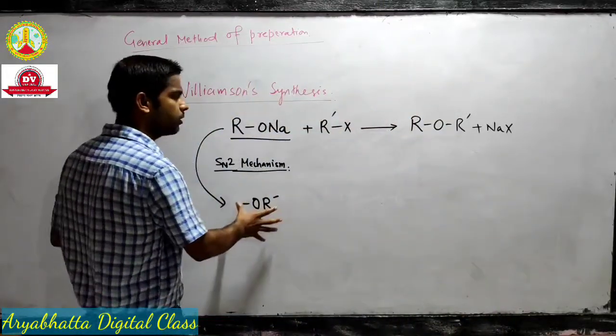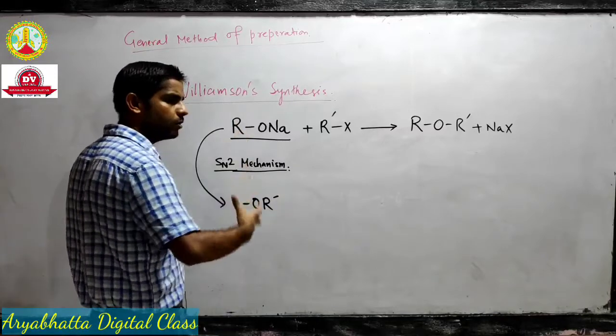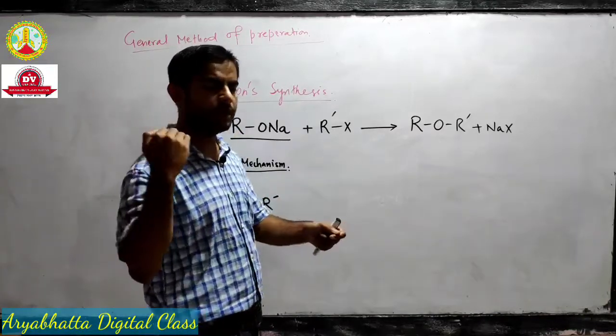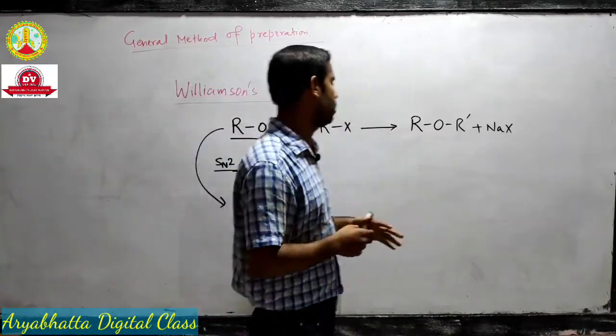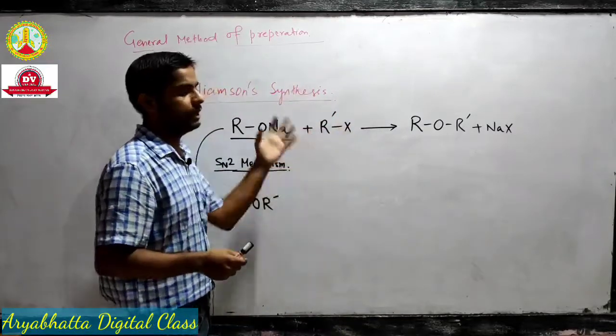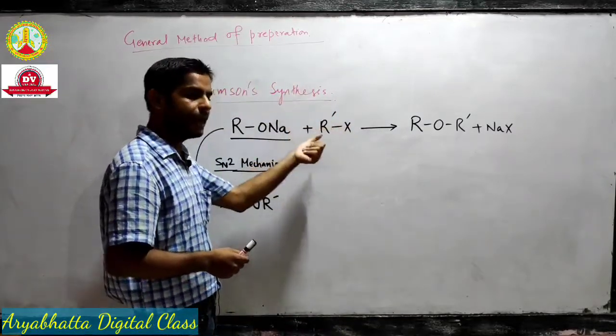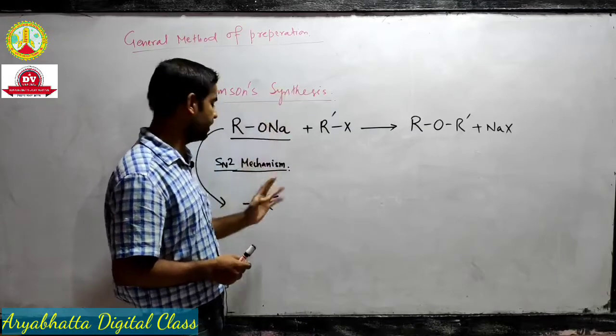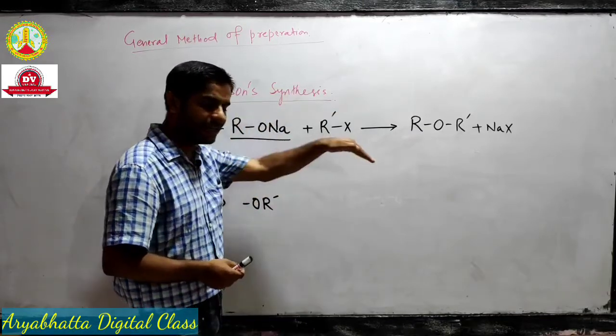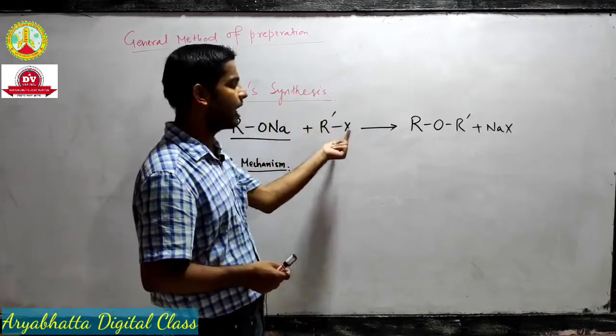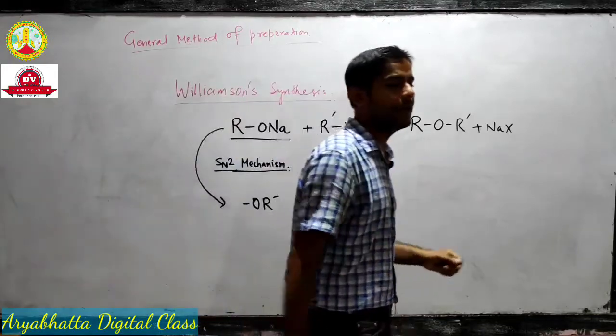And they will do what? In the previous chapter, on haloalkanes and haloarenes, we have seen that in alkyl halides, in the SN2 mechanism, a backside attack will occur at the carbon which is attached to the halogen.